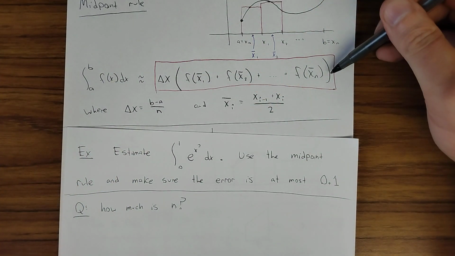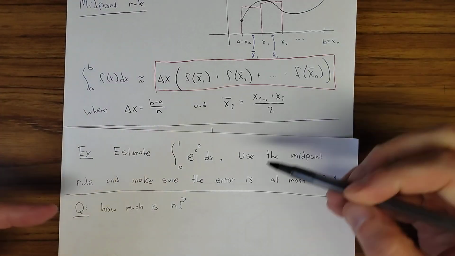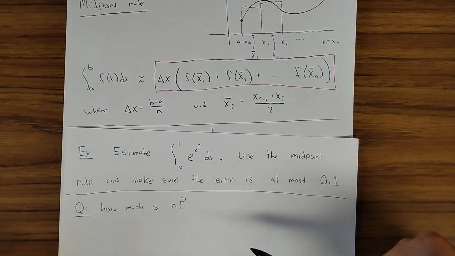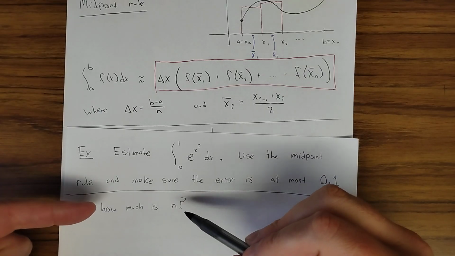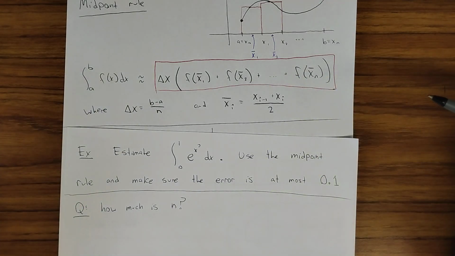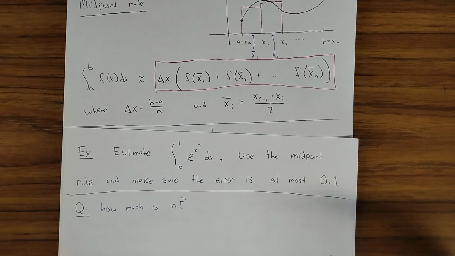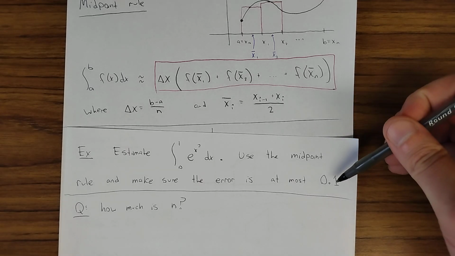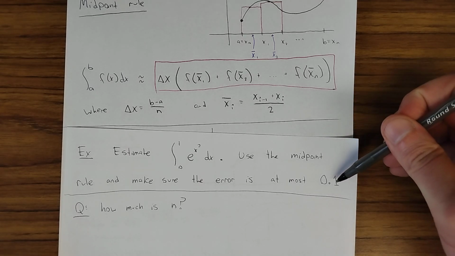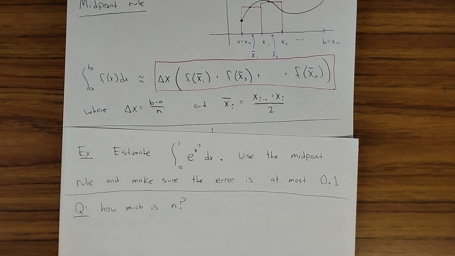I just have to plug it into this formula, and I got a little bit ahead of myself. In order to use this formula, I need to know n, and how big n needs to be is however big it needs to be in order to guarantee that the error is at most 0.1.